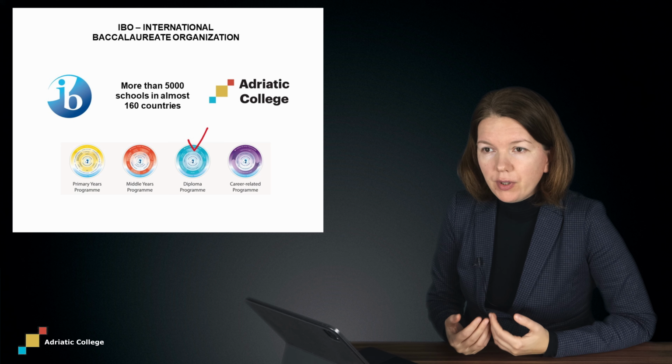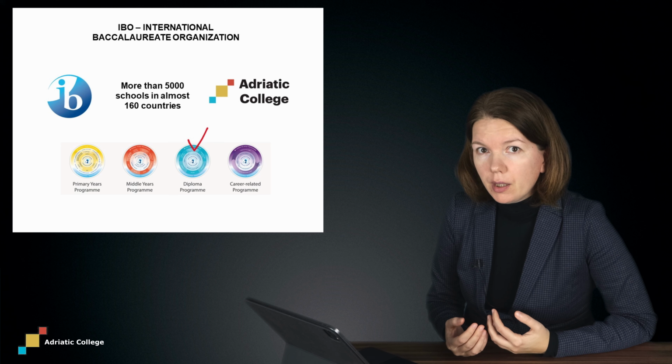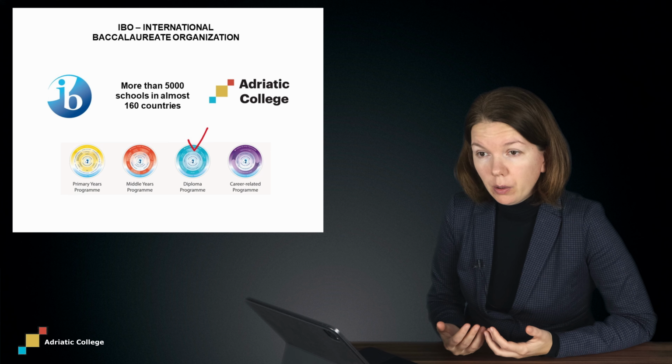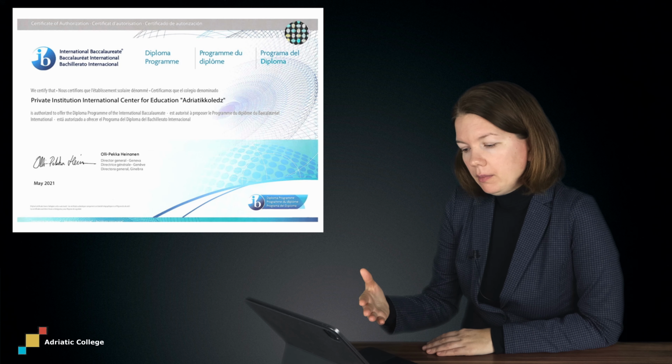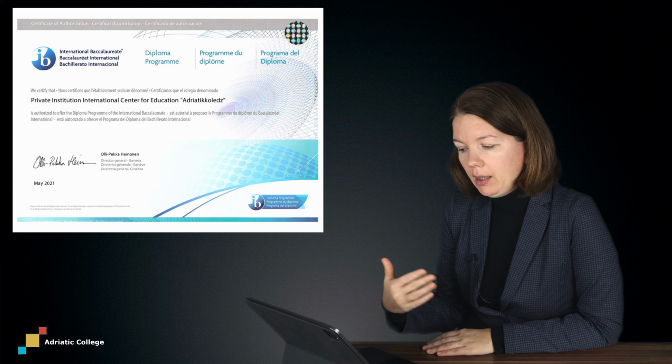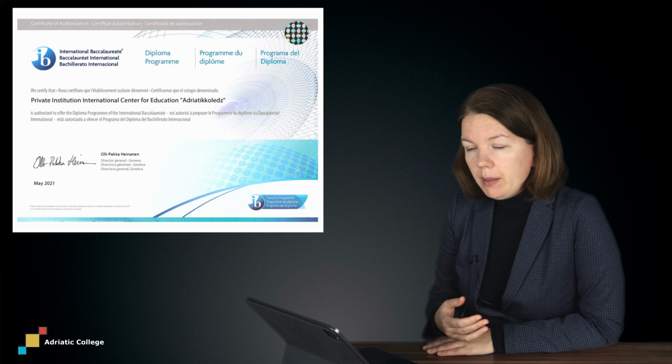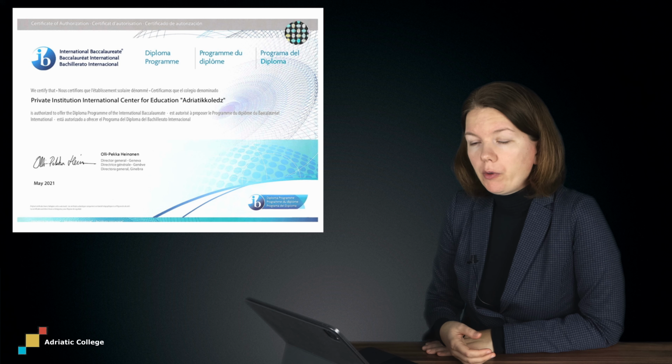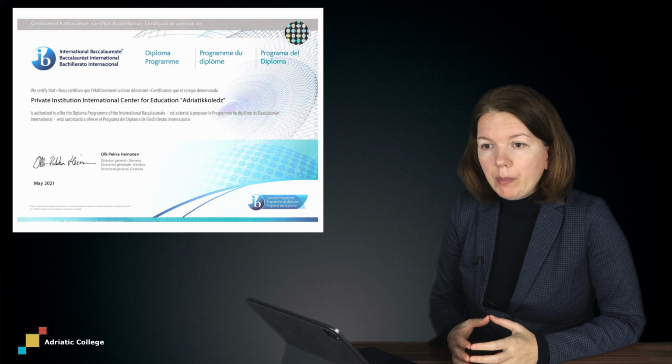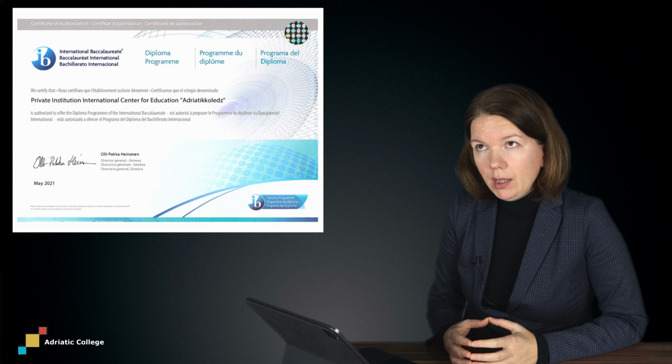It usually takes 3 or even more years to become an authorized school, and we got that. So we have a license or a certificate from the IB that allows us to offer and implement the diploma program. We started the program in September 2022.